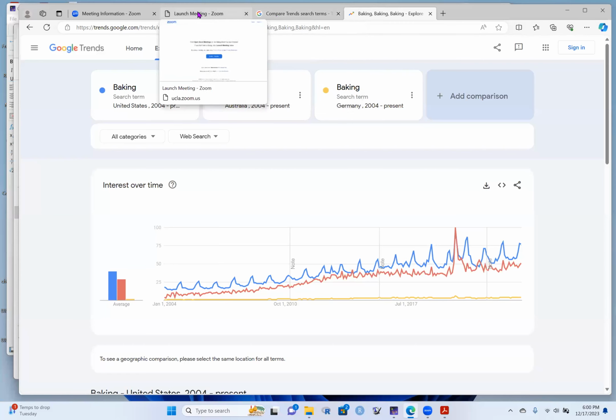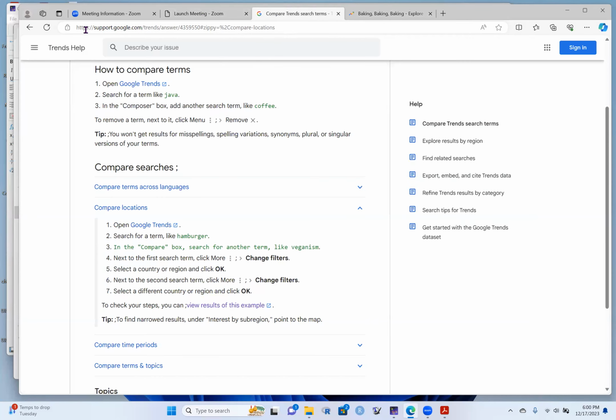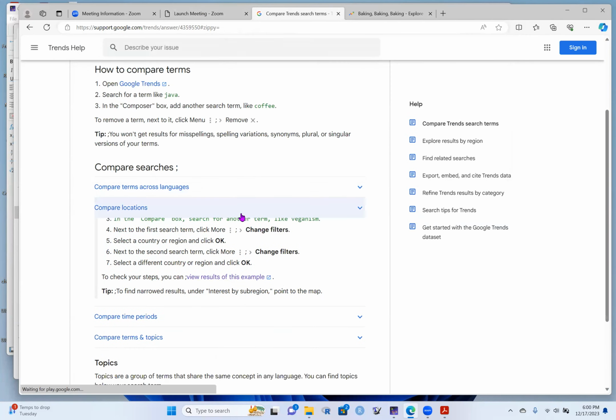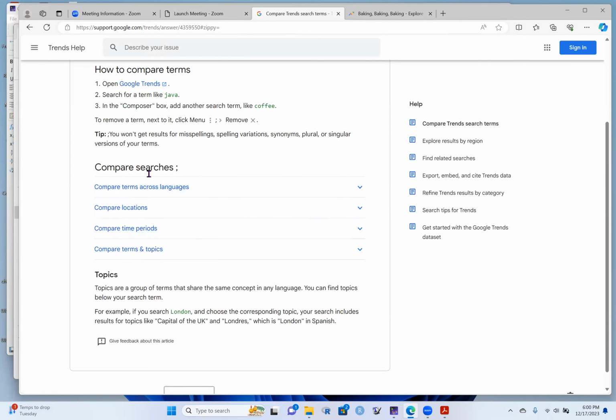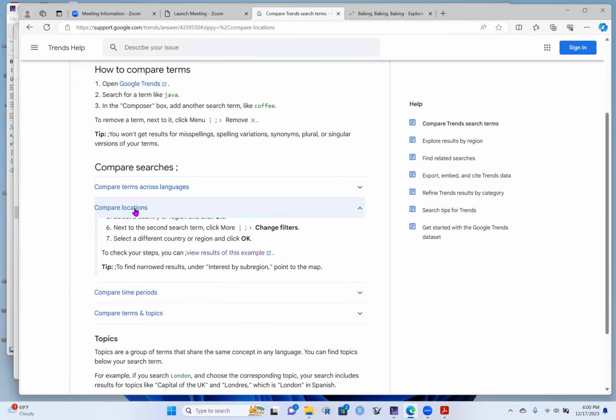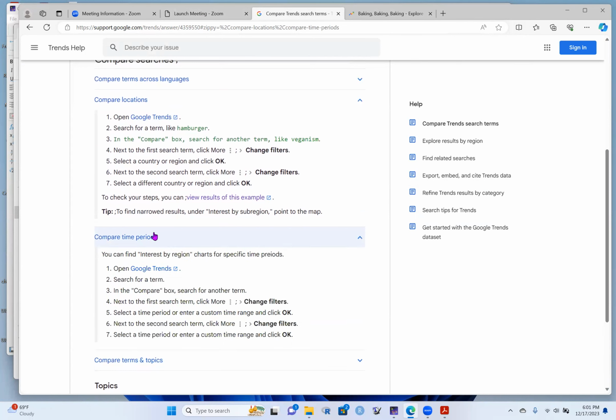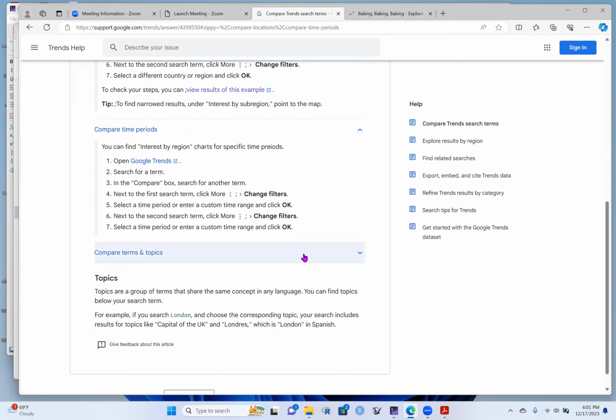And for your information, there is this website, support.google.com trends, and in that page you can see how to compare locations, how to compare terms across languages, how to compare terms across locations, and compare time periods, and so on.